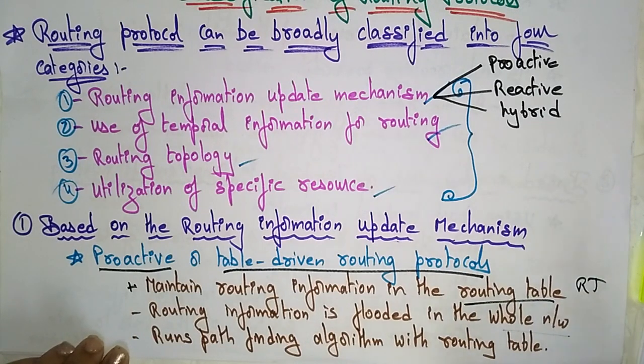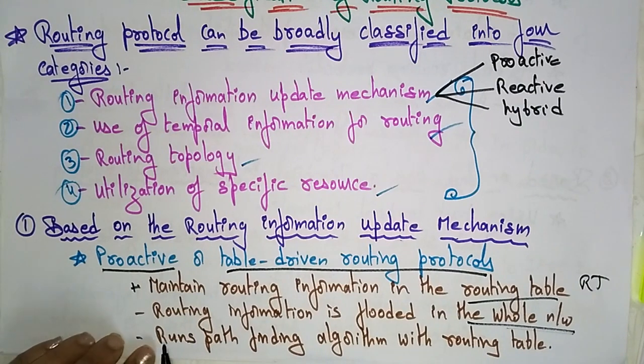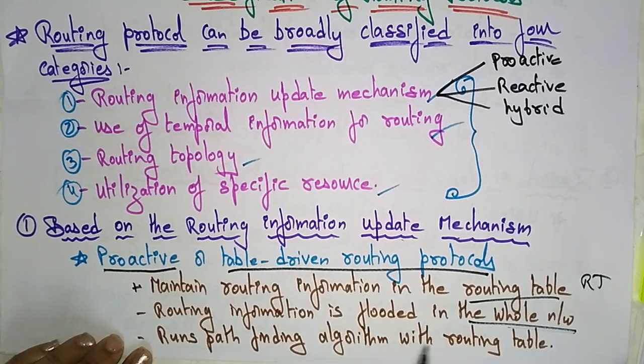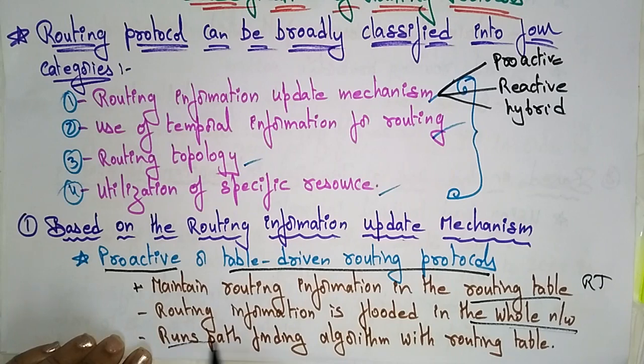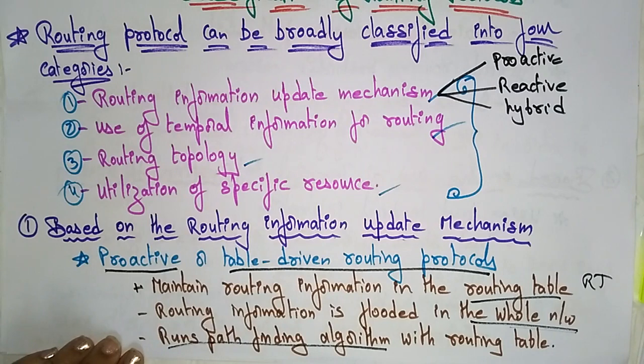So that information has to be passed to each and every node, not only along the path, it has to be flooded to the whole network. And this proactive protocol runs a path finding algorithm with the routing table. So with the help of the routing table, it finds the routing path. That is proactive, the table driven.